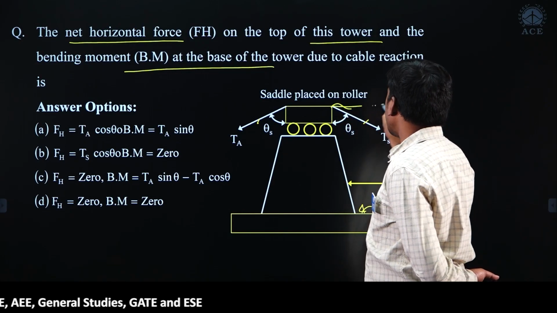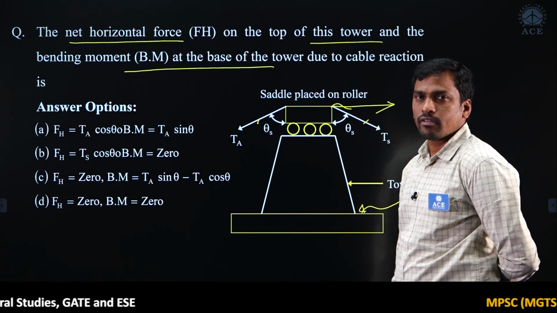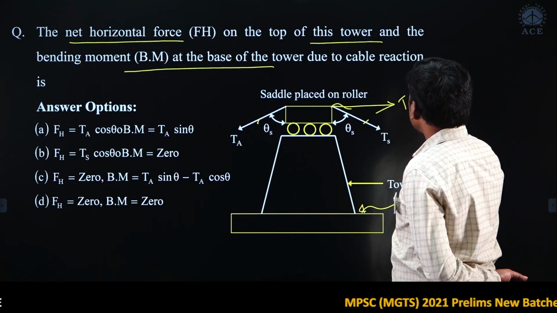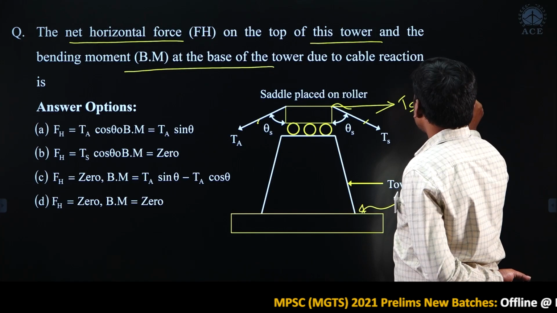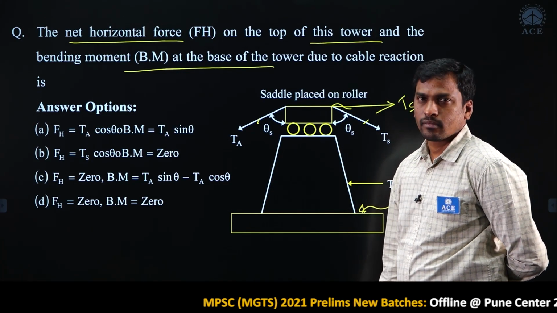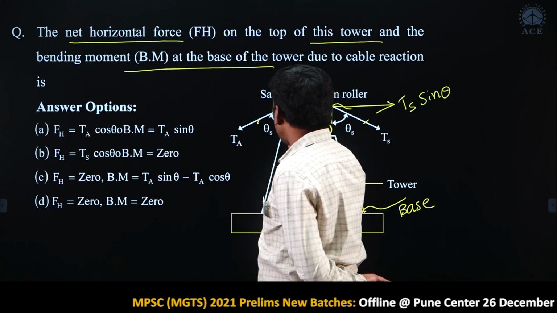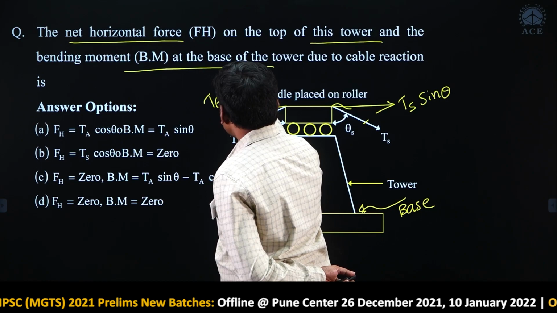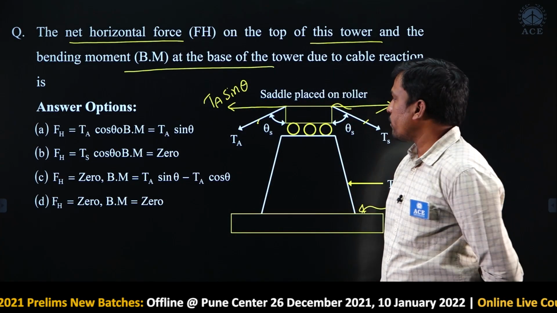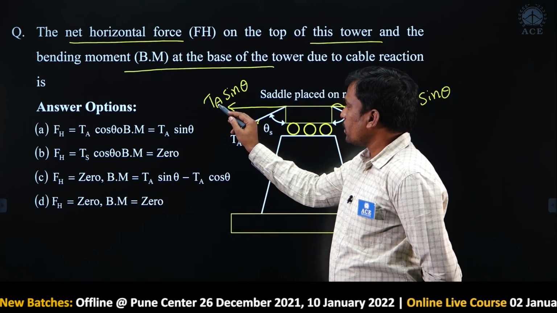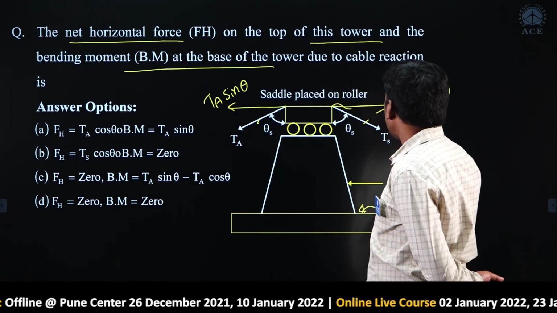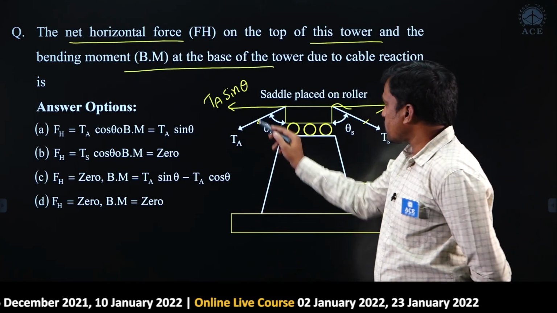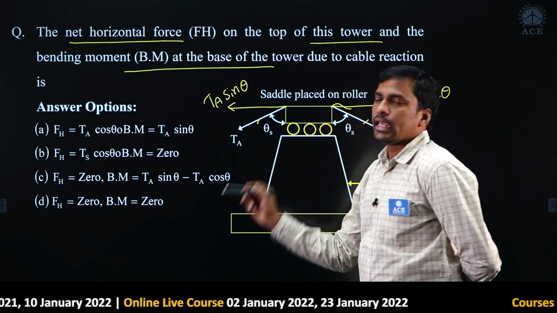If you resolve in the horizontal direction, this is Ts sin theta, and this is TA sin theta. For equilibrium, TA sin theta and Ts sin theta both should be equal. Only then is it in equilibrium.